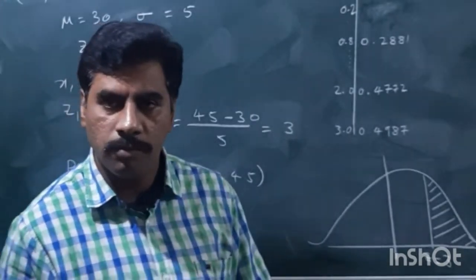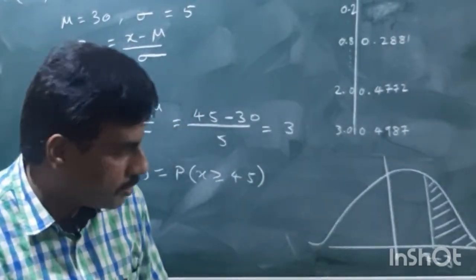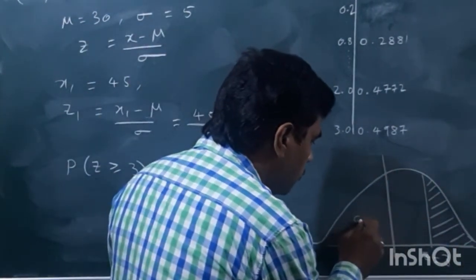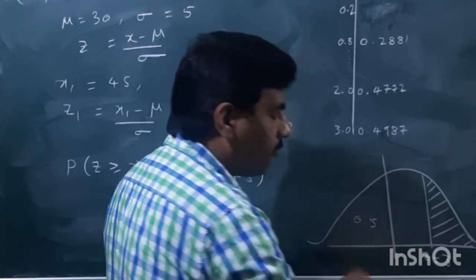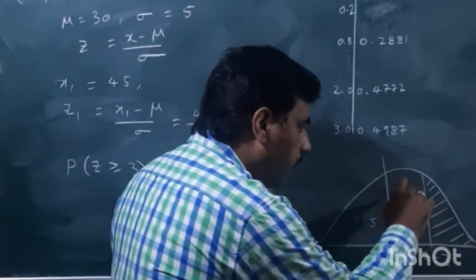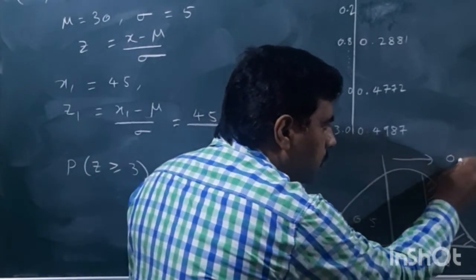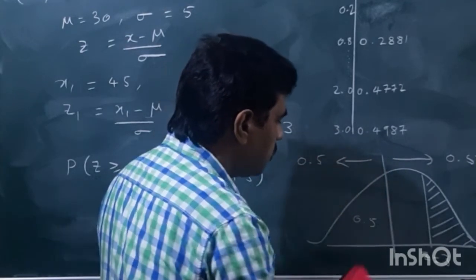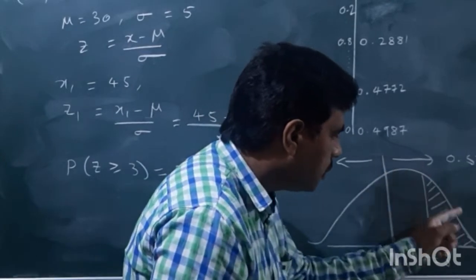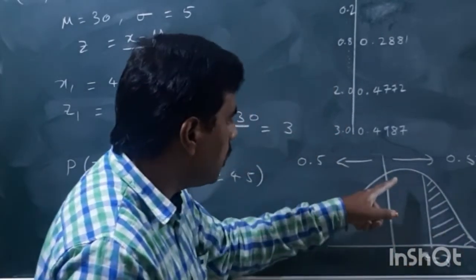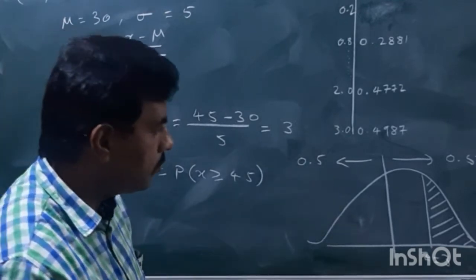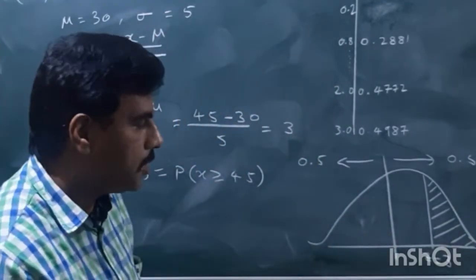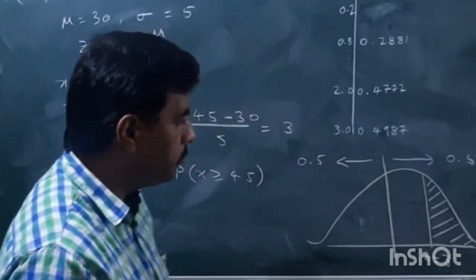Therefore, the total probability is always equal to 1. This total probability is 1. The left side area is 0.5 units and the right side area is 0.5 units. Therefore the total area on the right side of the y axis is 0.5 units.